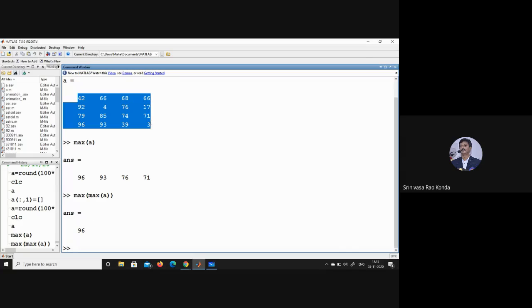The next question is I want to know the index of the element. How to find out the index of the maximum element? Suppose I am taking another matrix, A of 3,6 is 96.